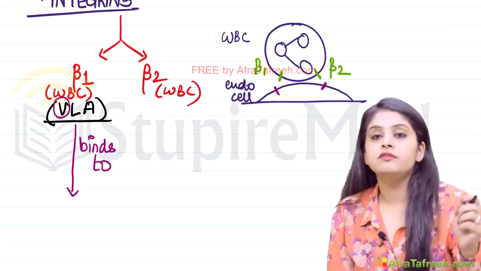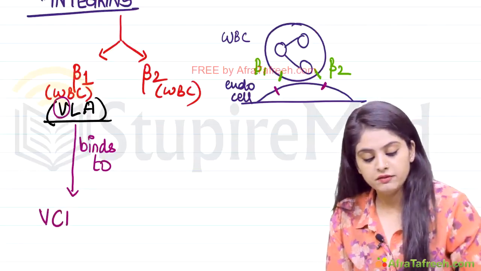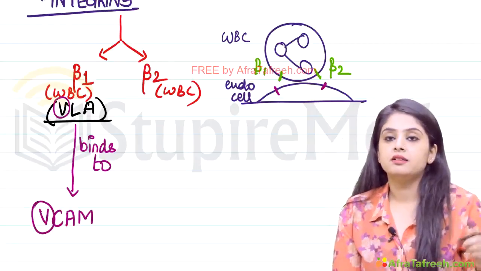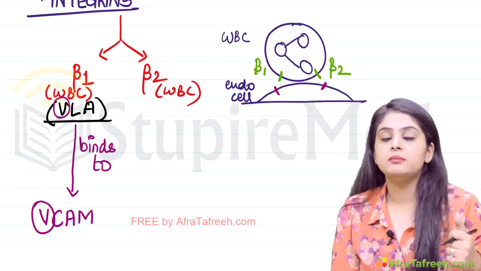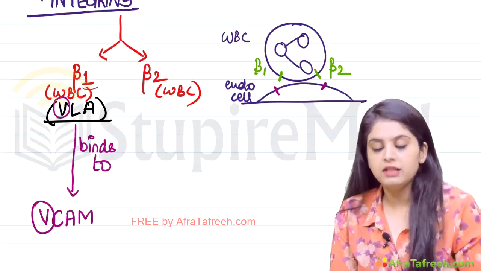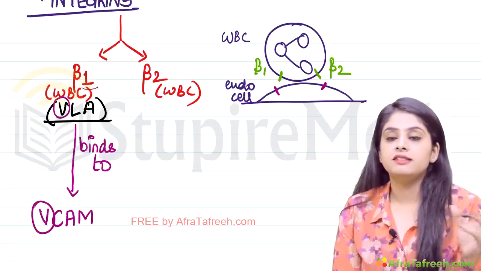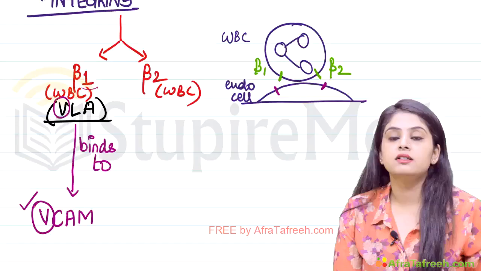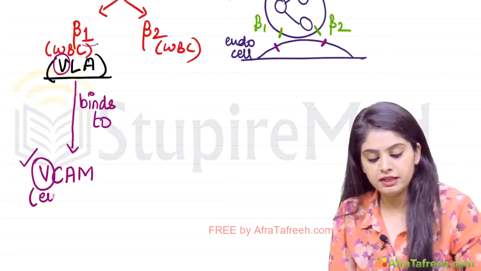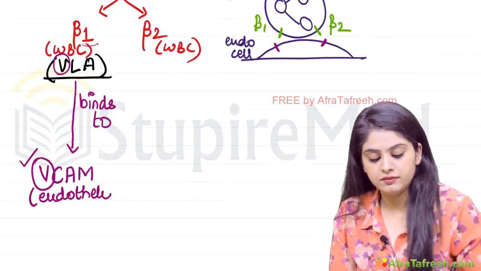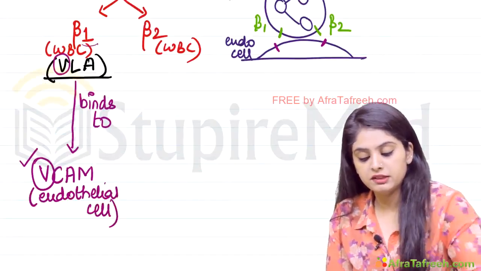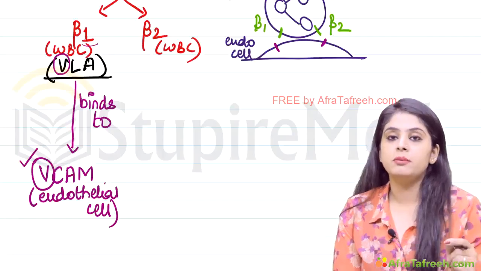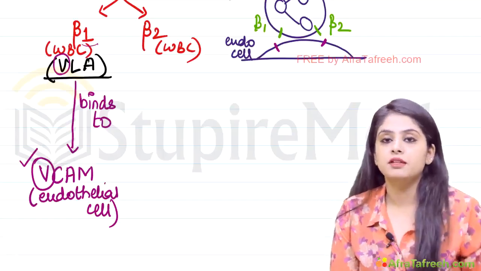V for VLA, V for VCAM. So beta 1, united V stand, united means 1. So beta 1, also known as VLA, will bind to VCAM on the endothelial cell. I hope everyone remembers this now. United V stand, united means 1. VLA, other name for beta 1, binds to VCAM 1.